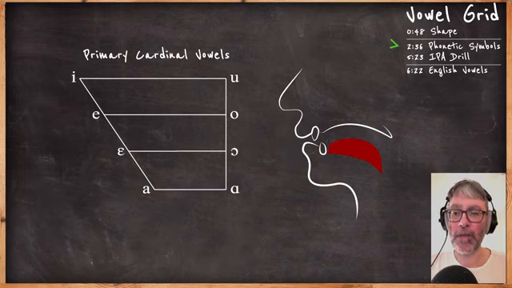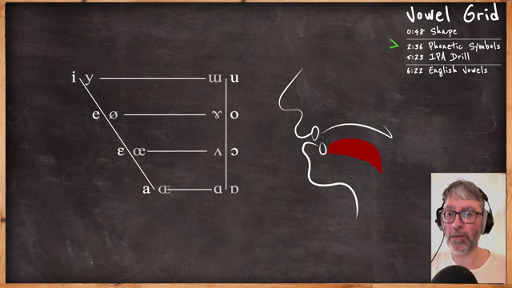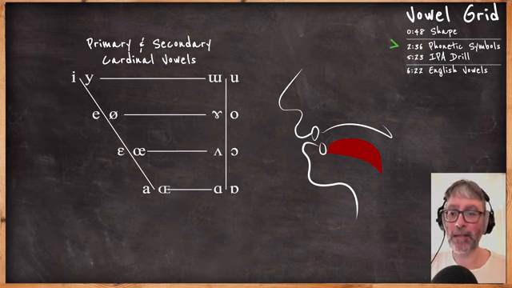It is technically possible to round the lips or unround them on any sound, so next we'll see the group of secondary cardinal vowels, a rounded sound to go with the unrounded ones, and an unrounded one to go with the rounded ones.